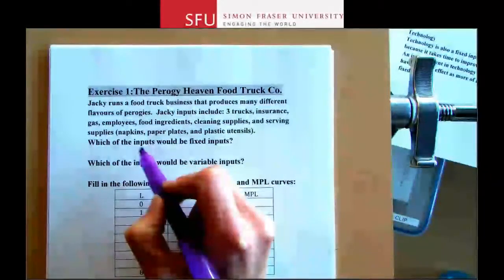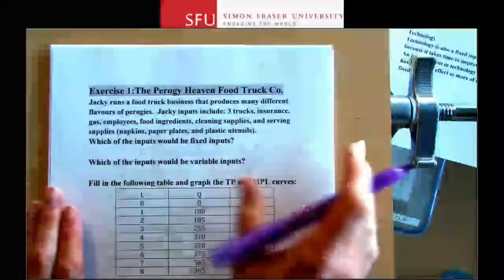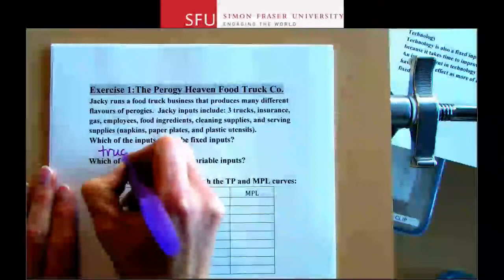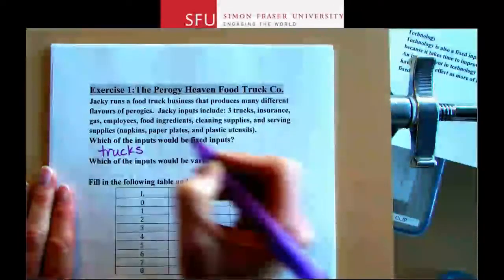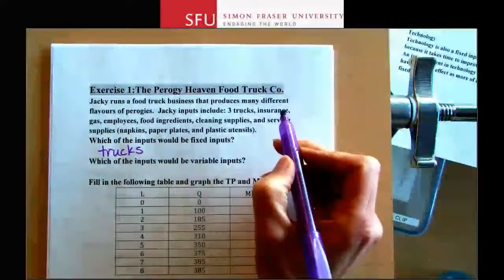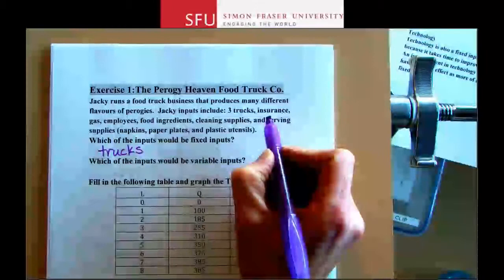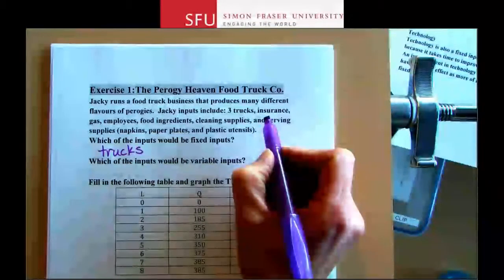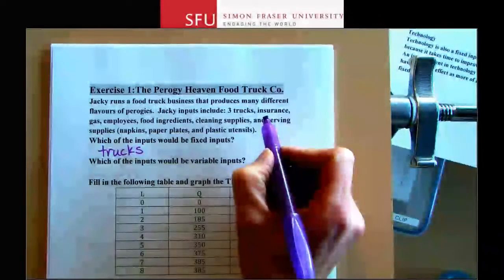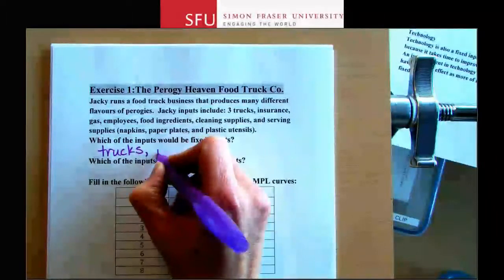Which of these things would be fixed? The trucks, yep. And what else? Insurance, right? Because it's not something that you pay day to day. You just pay it, like car insurance. If you don't drive your car today, you still paid it. So insurance would be fixed.